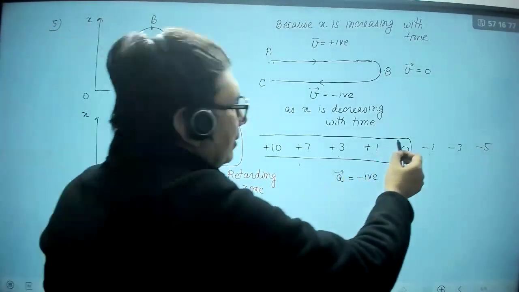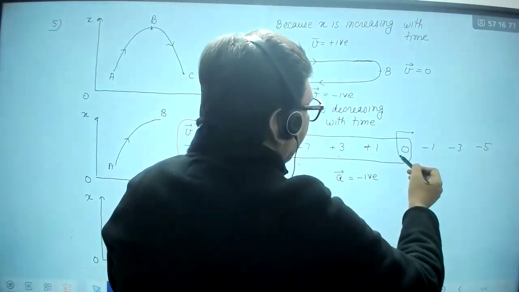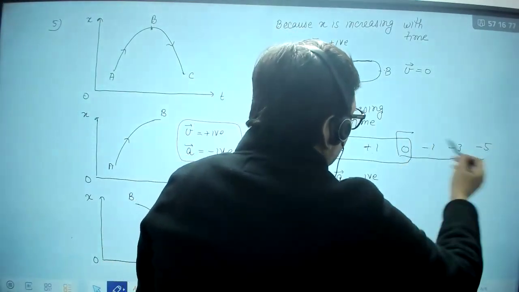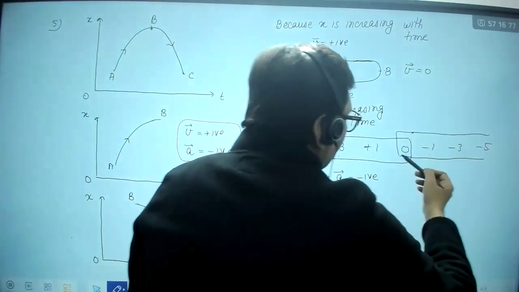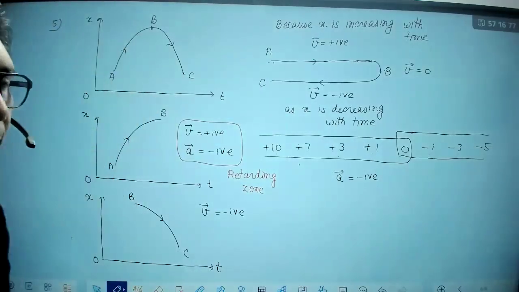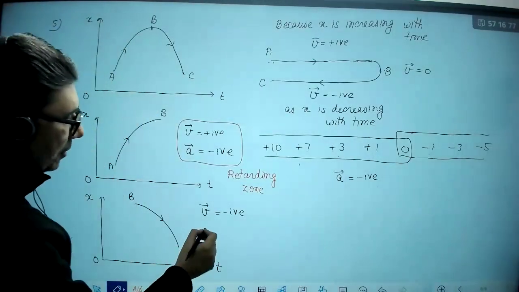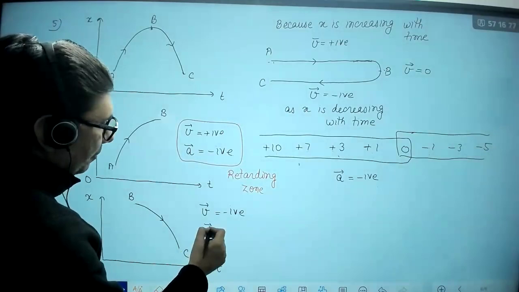Acceleration: initially it was 0, a higher value, then decreasing: minus 1, minus 3, minus 5. The velocity is reducing with sign, so here acceleration is negative.